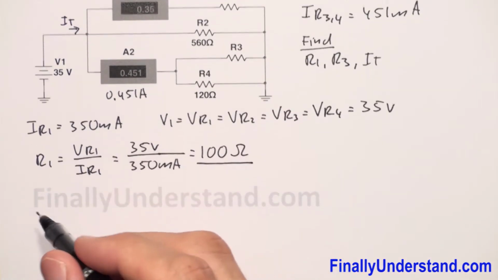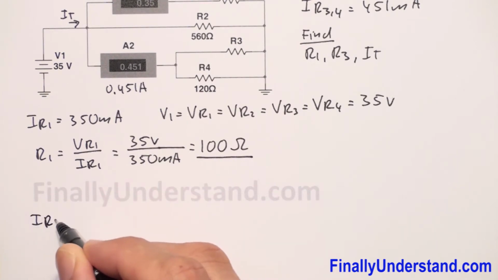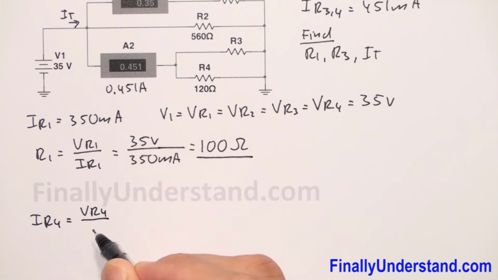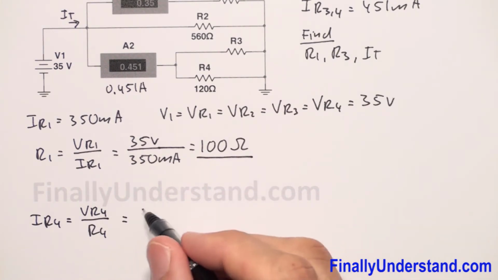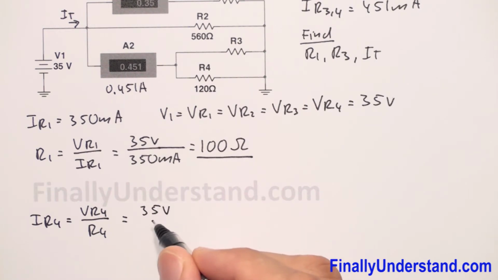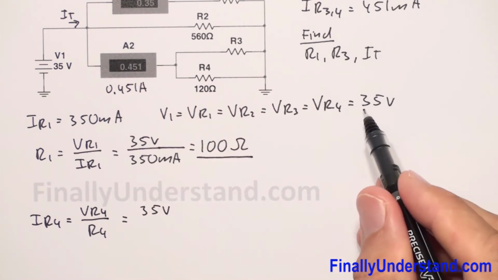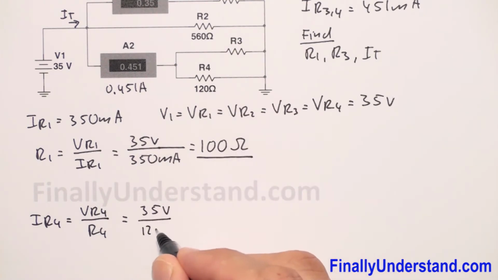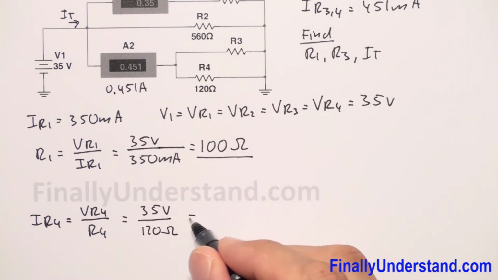So I can say that IR4 is equal to VR4 over R4. VR4 we said is equal to 35 volts, over R4, which is 120 ohms.